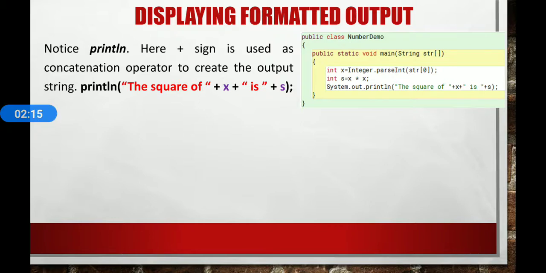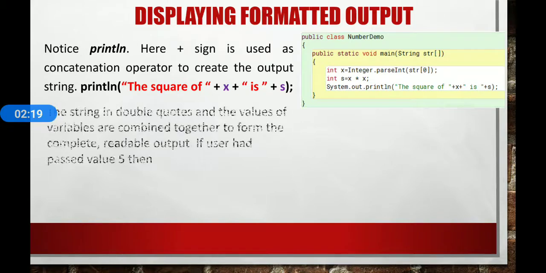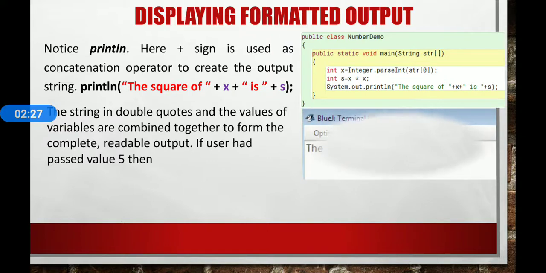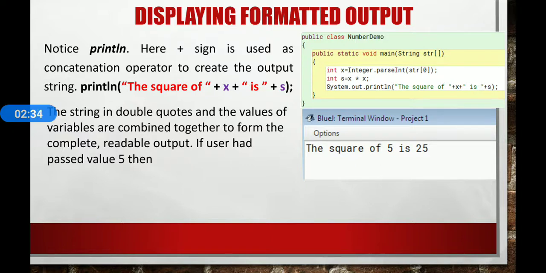So if we pass the value 5 to main, it will be stored in x, and then the variable s will store 5 times 5, that is 25, and then it will display the message: the square of 5 is 25. It means "the square of" is written in double quotes, so it is displayed as it is, then the value of x, that's 5, then "is", then the value of s, that's 25.